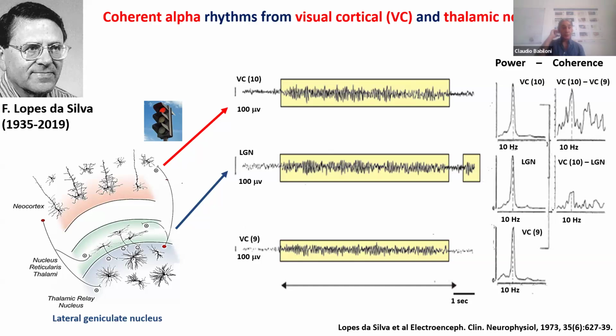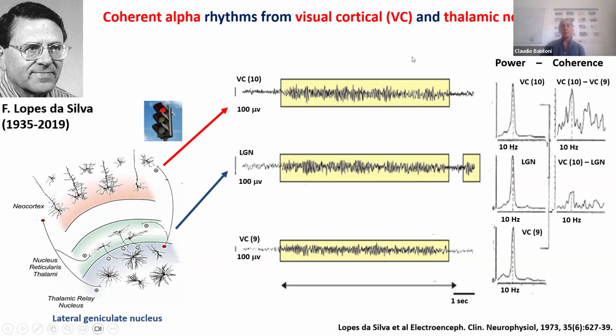Another important contribution to understand the sources of alpha rhythms by Fernando Lopes da Silva was reported in this slide.